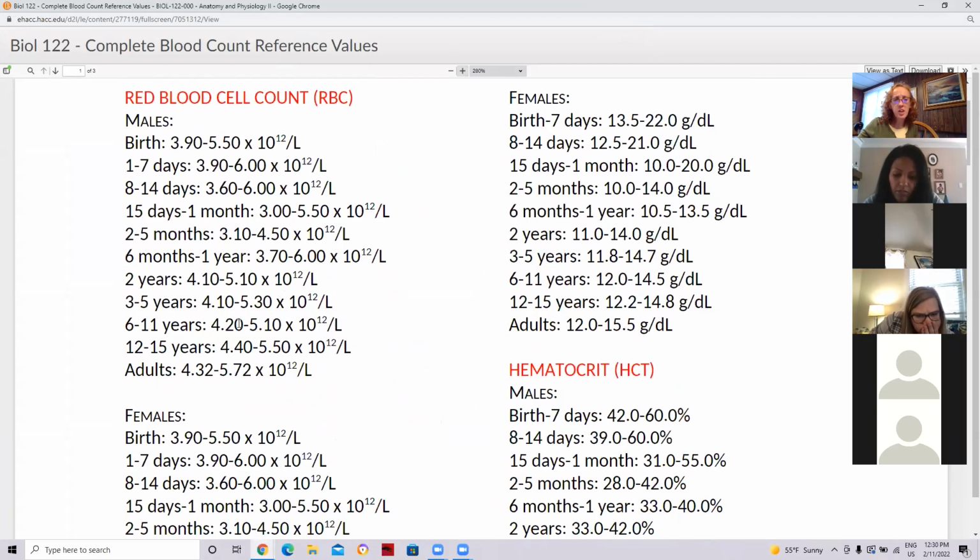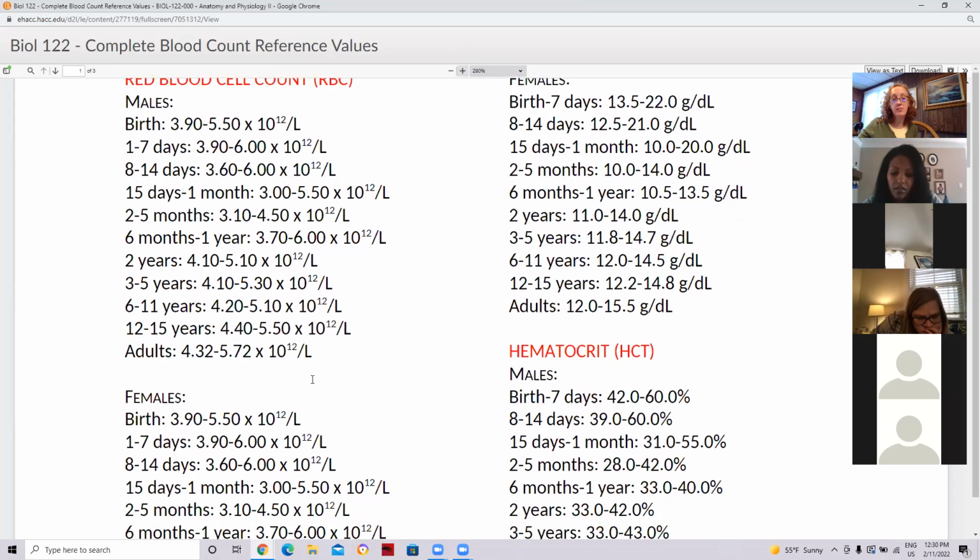Okay, for males, typically the red blood cell count is 4.32 to 5.72, 10 to the 12 per liter.